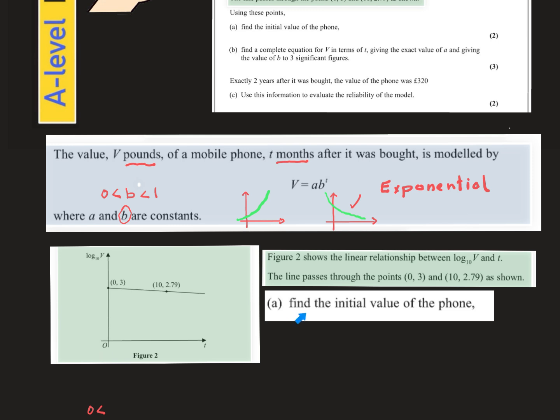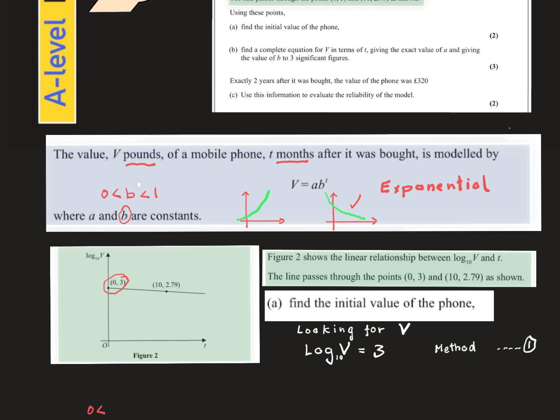We're meant to find the initial value of the phone, so we're looking for V. We note that initially the value is in here. This is the method that you will use, and this is why you get the first mark, by showing this. To find V, I presume you know how to change the logarithmic function into a power function.